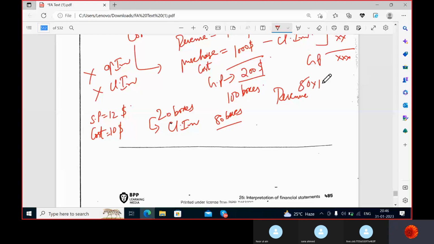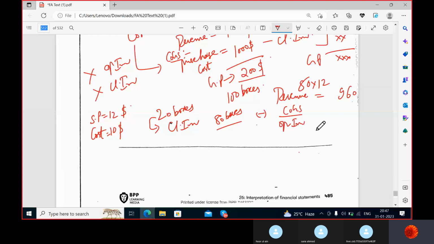Okay. Now let's do COGS. Here also the purchase cost was under COGS. Do you know what COGS is? Opening stock or opening inventory plus purchases minus closing inventory. Do we have opening inventory in this? No. Opening inventory is nil.